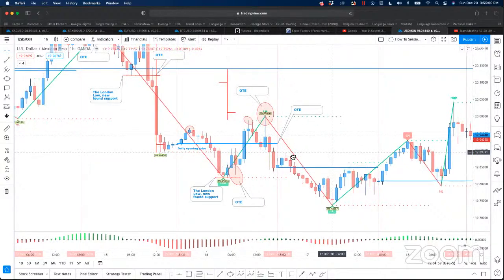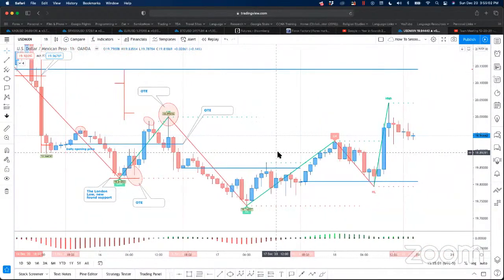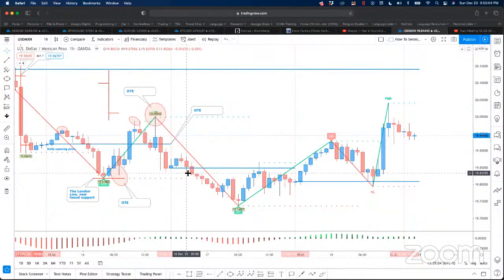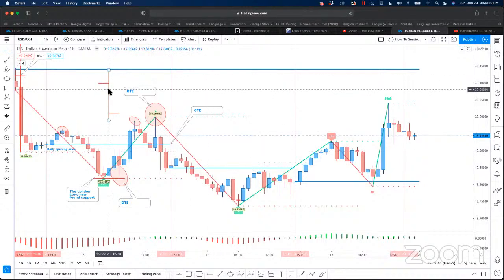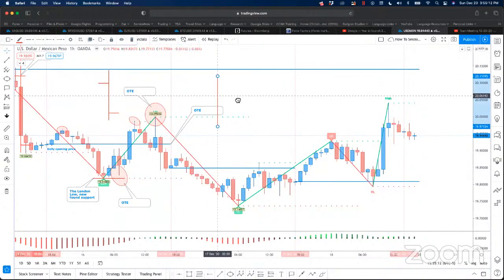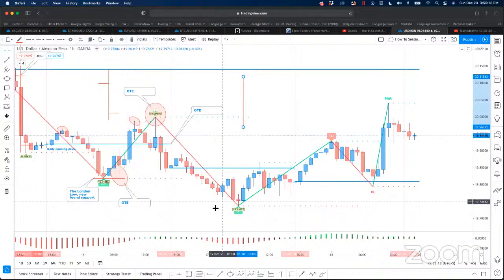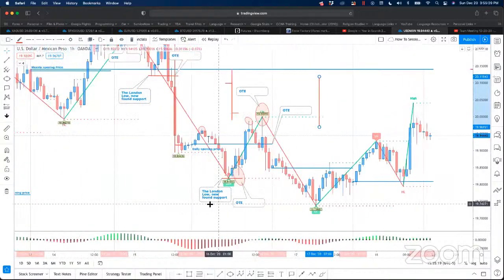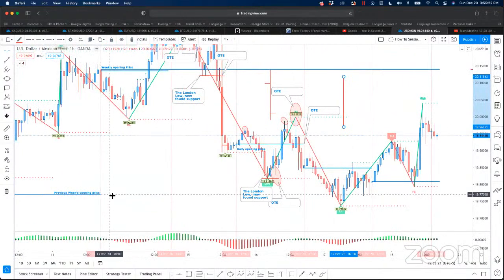Now, the next day, we had a similar situation. We're still bearish, right? But we're also keeping in mind that this low has pierced the previous week low, right?